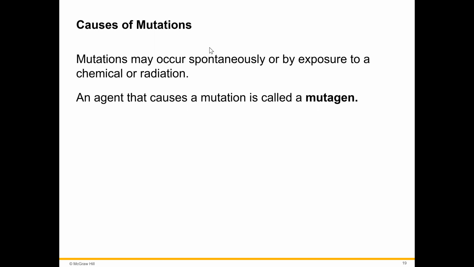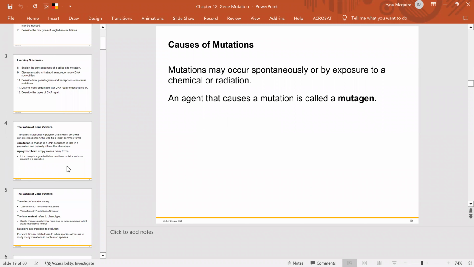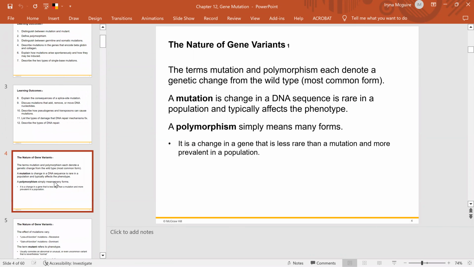So what types of mutations do we have? What are the causes of mutation? Let's go back to see what we covered. We said that a mutation is a change in DNA that affects phenotype. It's not common.